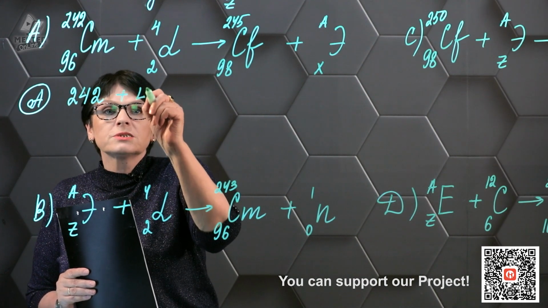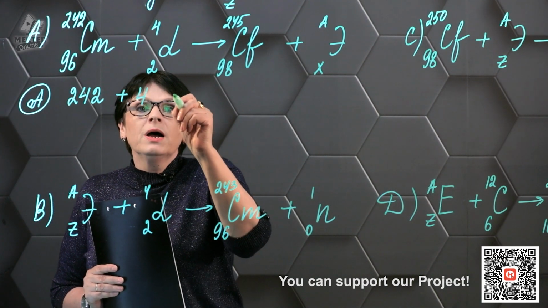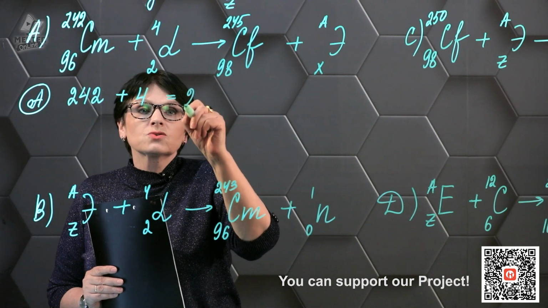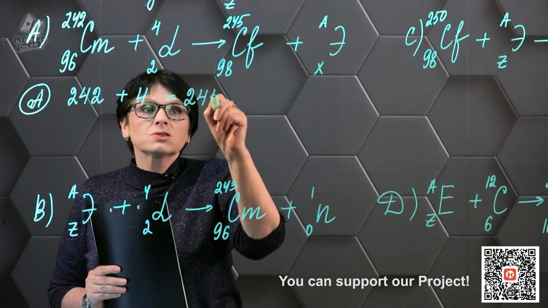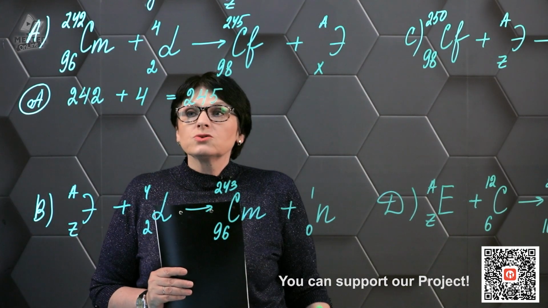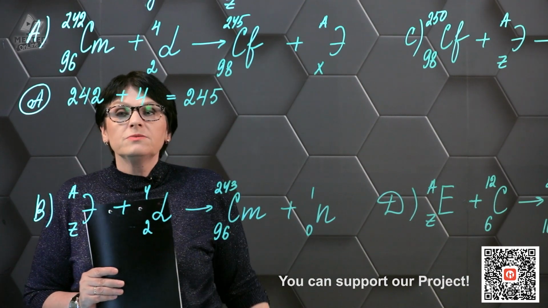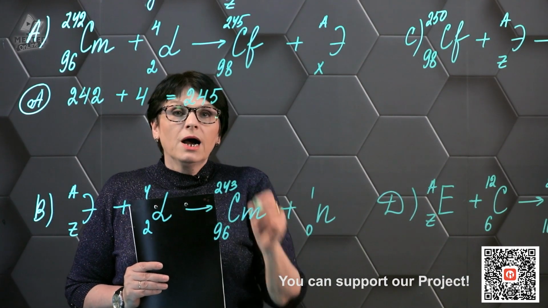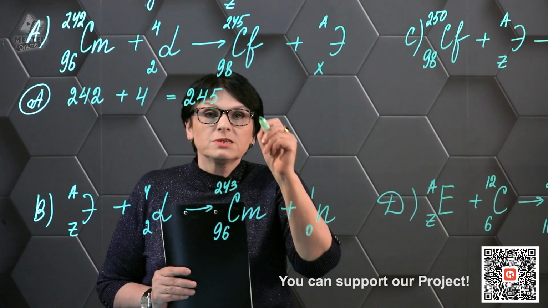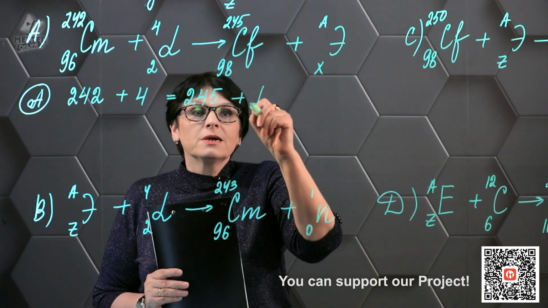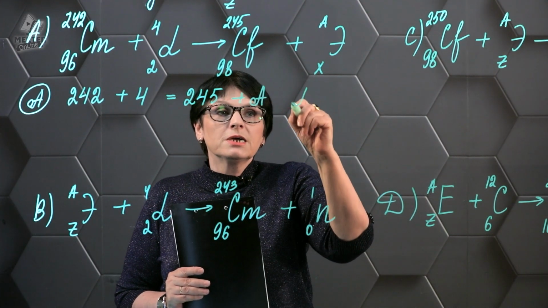The alpha particle is 4, and on the right-hand side we have californium 245. Well, it's not hard to do the math. We've got a mass on the left side of 246, and since that leaves us with 245, then for the unknown particle this A is equal to 1.